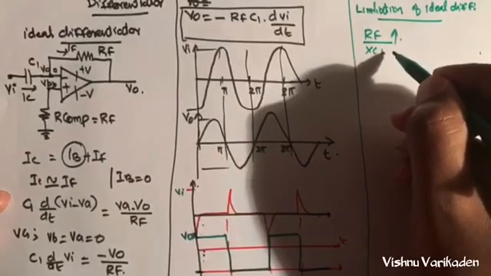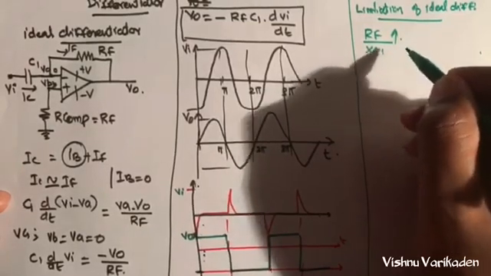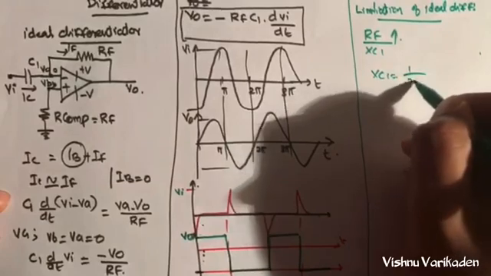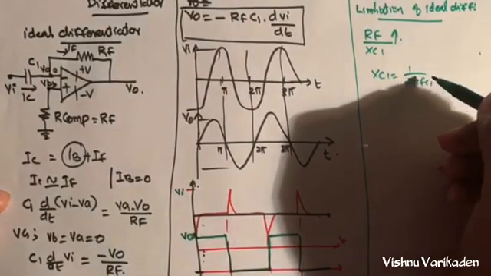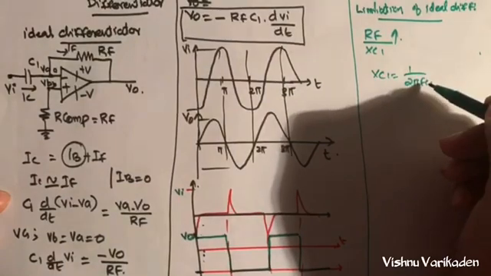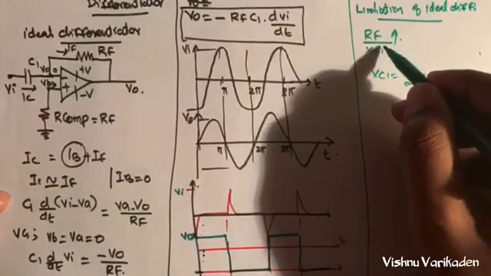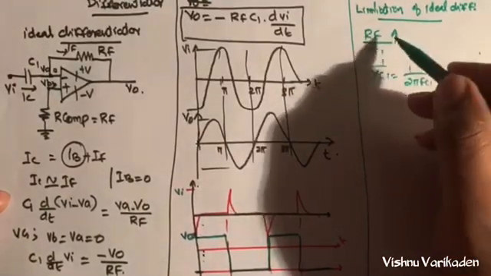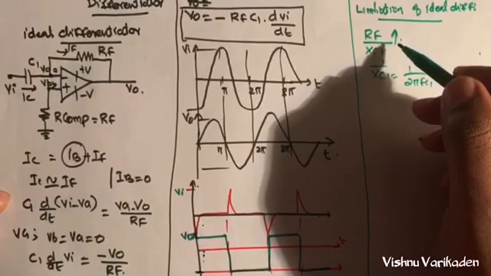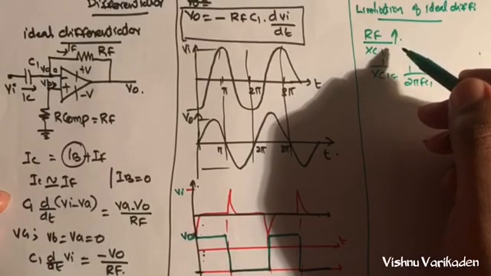So we already know that XC1 is equal to 1 by 2 pi f C1. So whenever the frequency is increasing, the gain is also increasing at a rate of 20 dB per decade. This makes the circuit unstable.